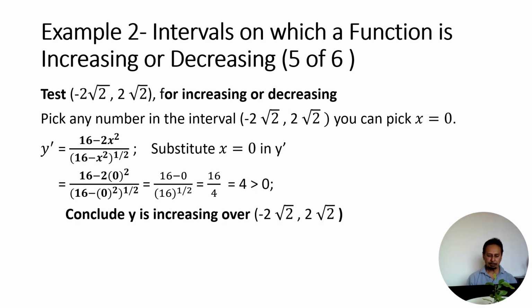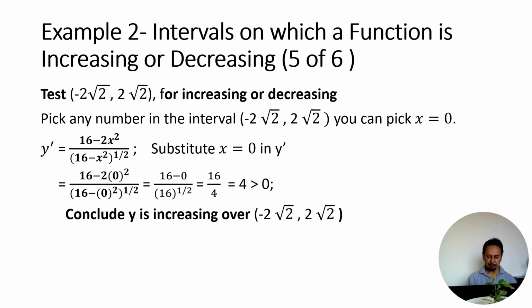So now we test the second interval from negative 2 square root of 2 comma 2 square root of 2 for increasing and decreasing functions. So let's pick any number in the interval. You can pick 0, because 0 is between these two numbers. So we substitute 0 in the first derivative, which is 60 minus 2x squared over 60 minus x squared to the 1/2.